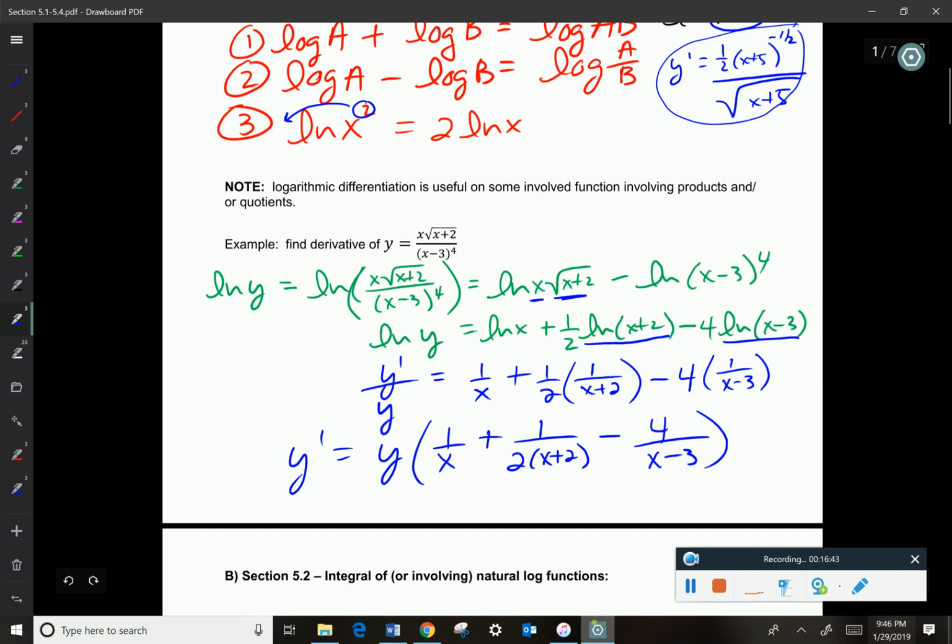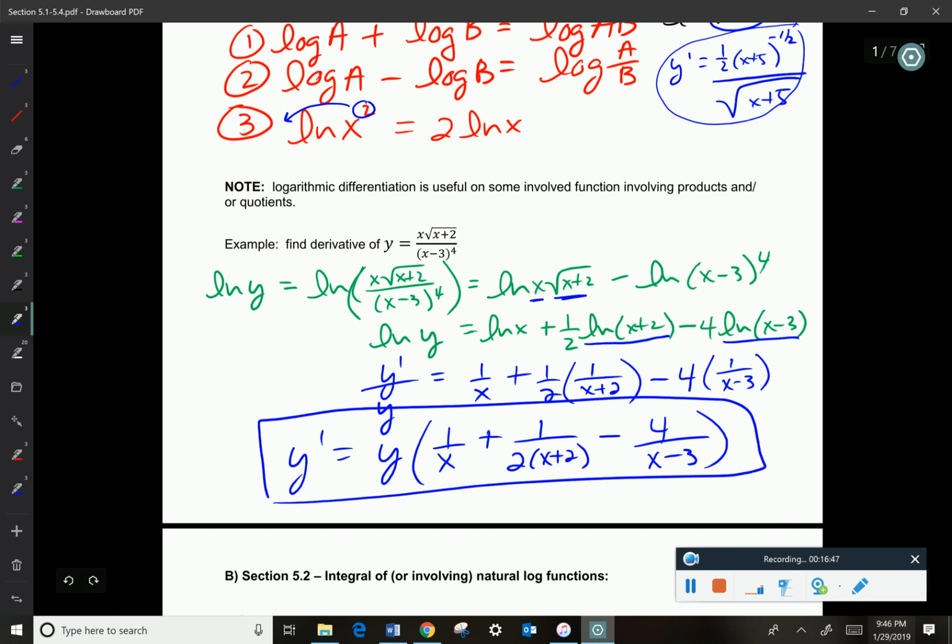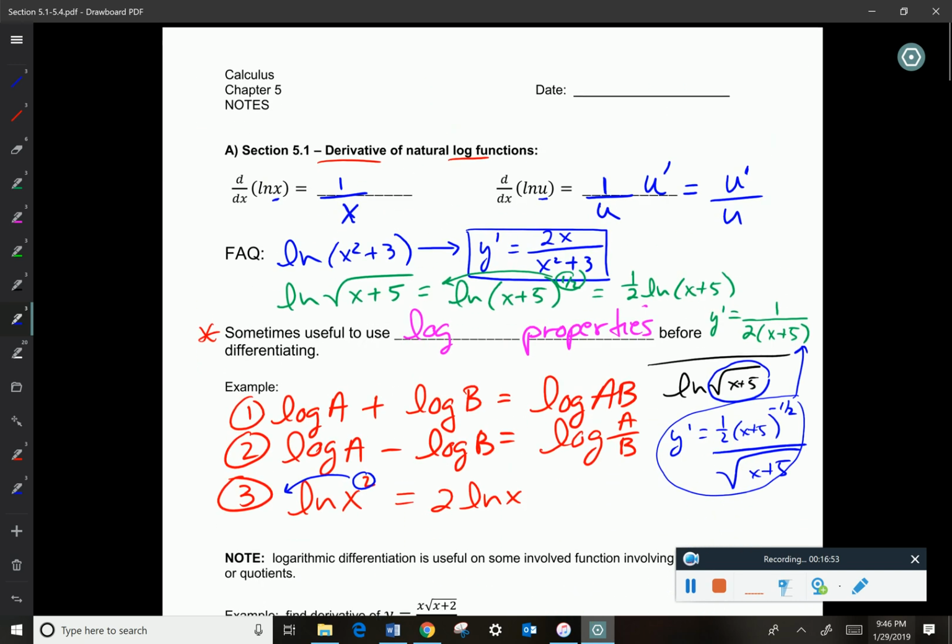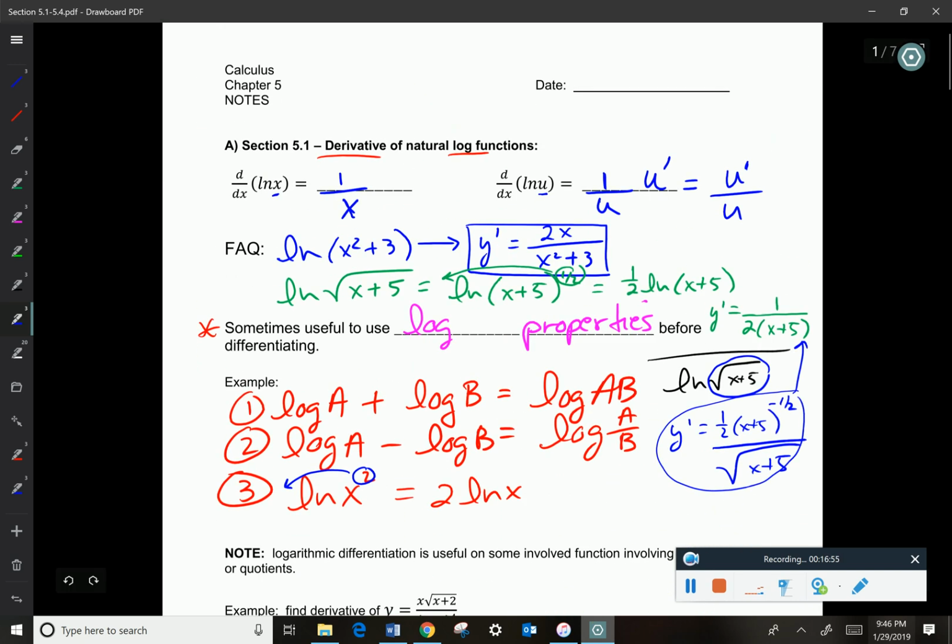And I'll just leave it like that. So it's still kind of ugly, but getting there wasn't bad at all. Okay, so that's it. It's just the one rule, taking the derivative of natural log, with that extended chain rule.